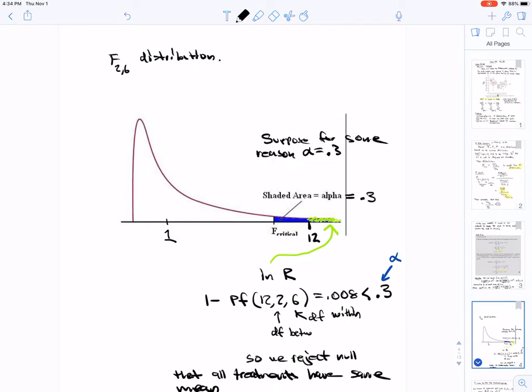This is the null distribution, assuming the null is true, so it should be centered around 1, and we're doing a one-sided test. You're going to get, in this case, 12, and if that's greater than the critical value, you would reject the null and conclude that at least one of the groups has a differential effect, or in other words, at least two groups have different means.